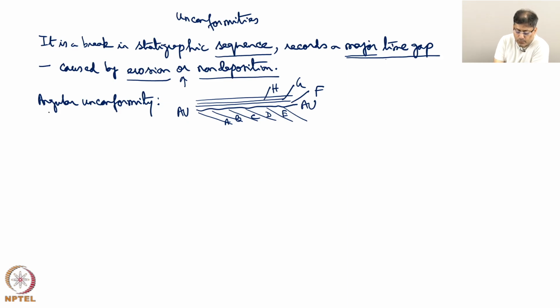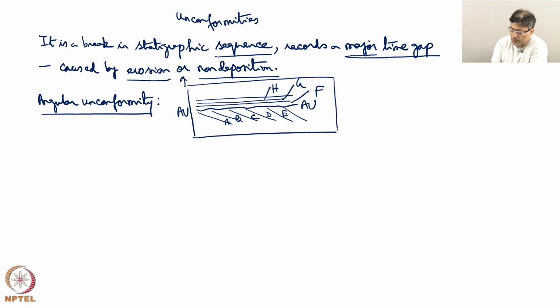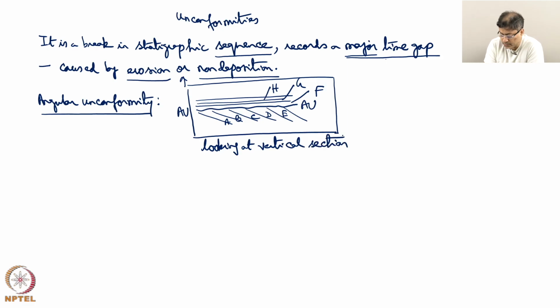Now, this angular unconformity, this sketch we are watching on a vertical rock section. This is important. We are not going to see such angular unconformity in horizontal section. We are looking at vertical section or subvertical section or near vertical section of the lithostratigraphic record.